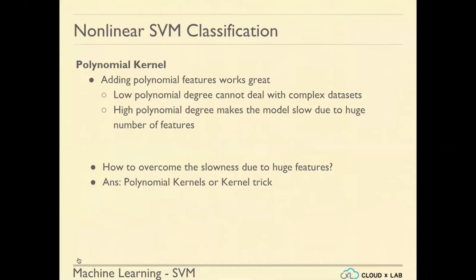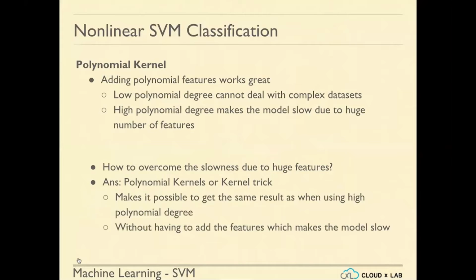kernel trick. Okay, it makes it possible to get the same result as when using the high polynomial degree without having to add features, which makes the model slow.